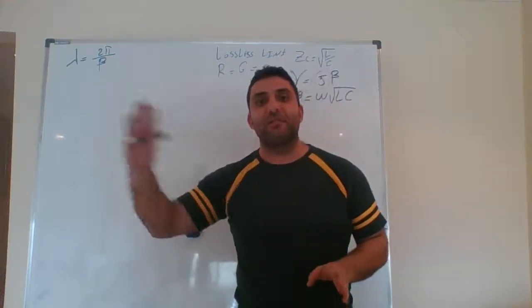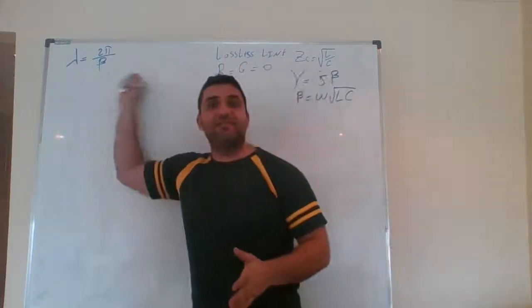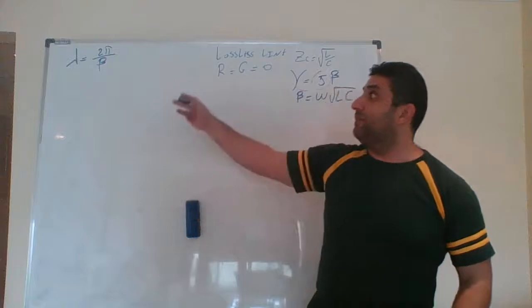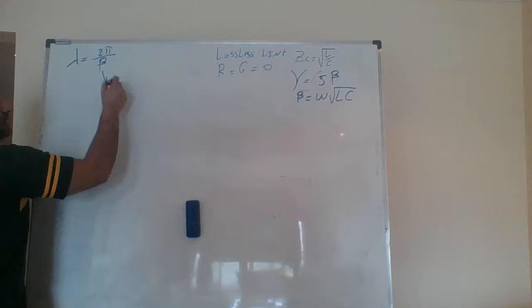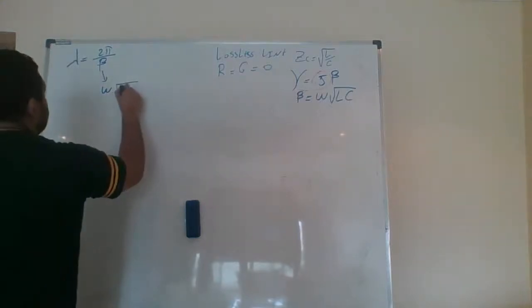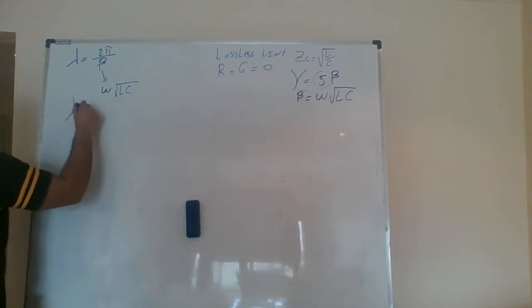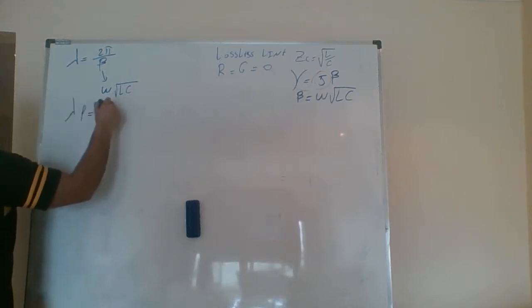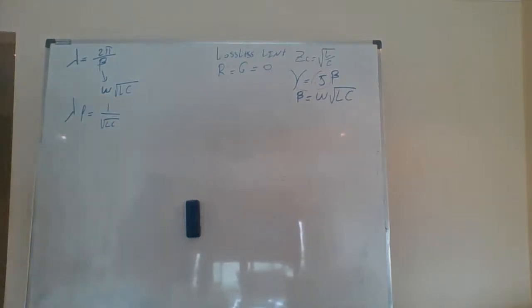When you go to power system 2, in your book, chapter 13, we will cover this requirement. However, remember, beta is equal to omega square root of LC. So therefore, I now have lambda times the frequency equal to 1 over square root of LC. That's what I want you to know based on this course.